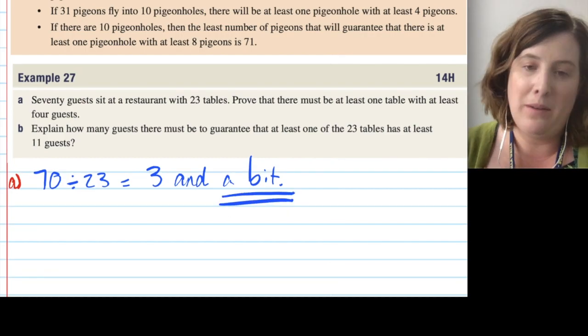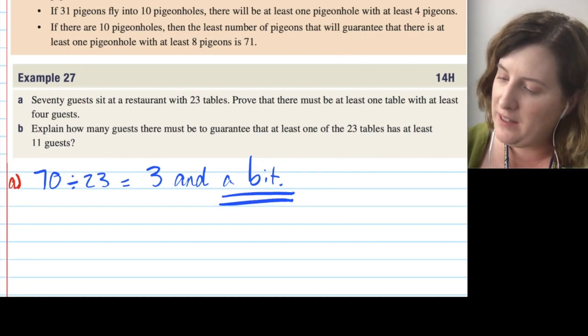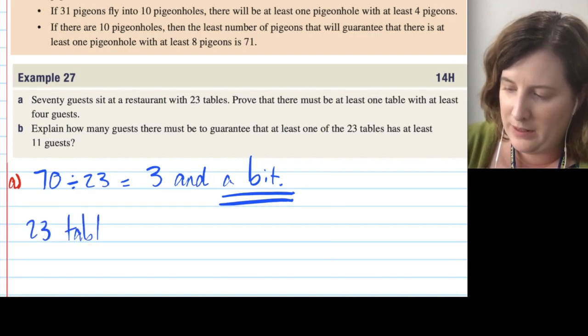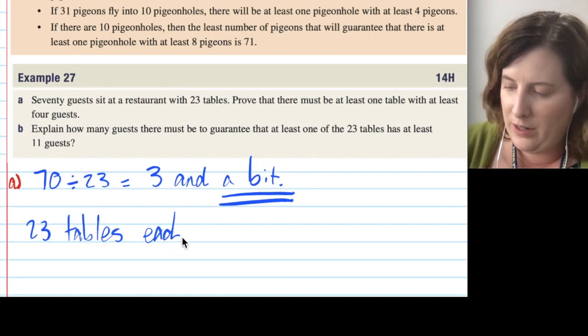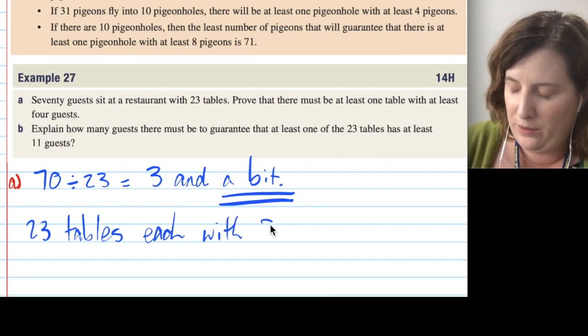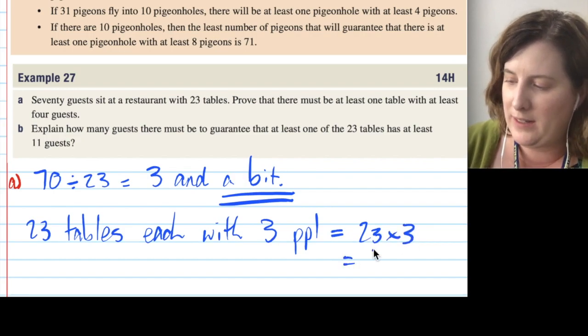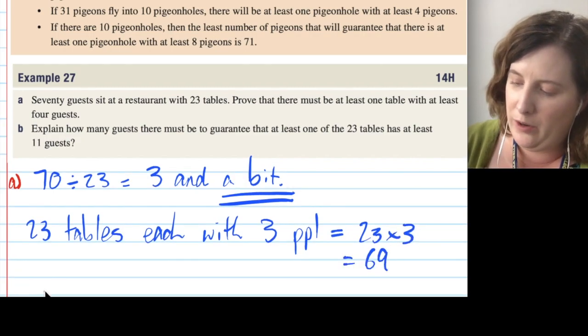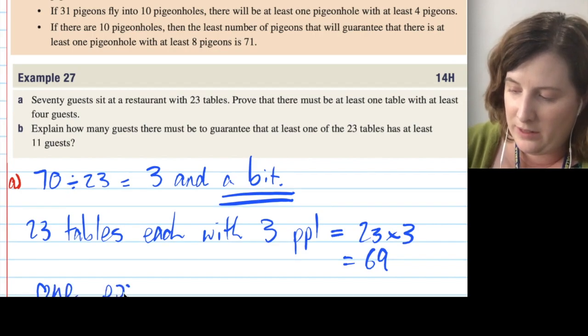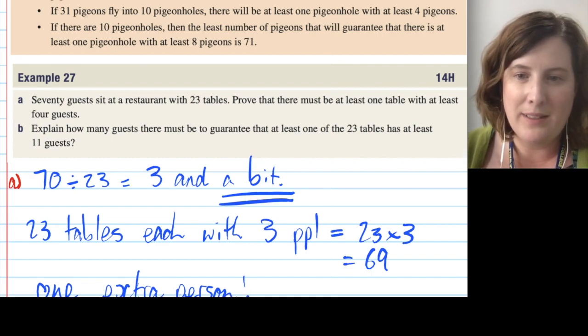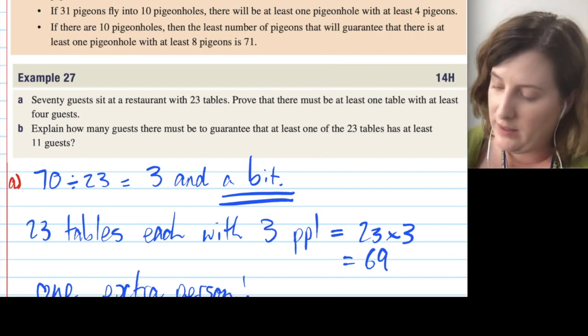The and a bit is what's important, because if I have 23 tables each with 3 people, then that's 23 times 3, which comes out as 69. So 1 extra person, because we have 70 people, which means 1 table must have at least 4 guests.